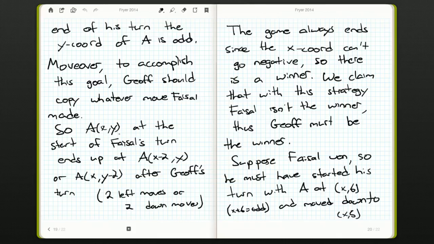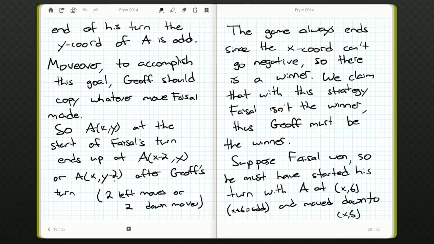So whatever Faisal does, we're just going to mimic it. And that will either not change y at all at the end of Jeff's turn. So if it starts odd at the start of Faisal's turn, it'll end odd at the end of Jeff's turn. Or it goes down by 2, and an odd minus 2 is still odd.